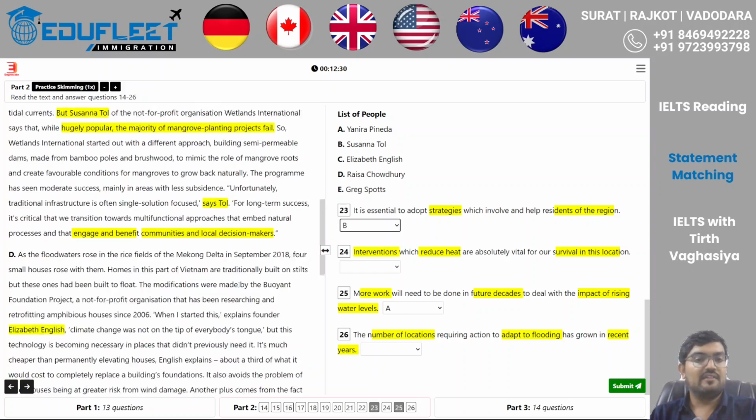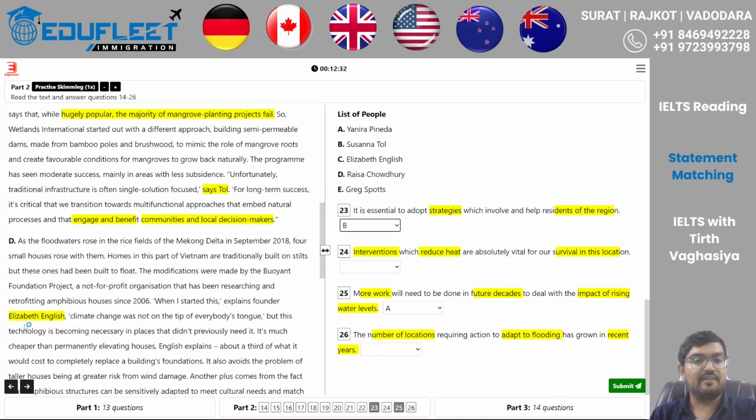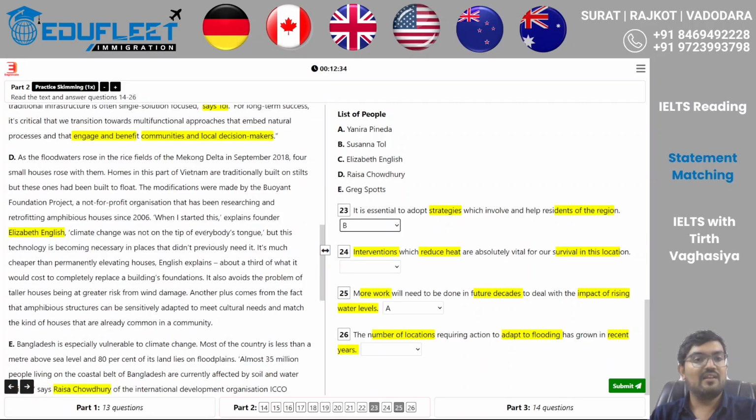Right? Let's move to the next. Elizabeth. Okay, so when I started this, explains, I'm paying attention to the single quotes, right? Climate change was not on the tip of everybody's tongue, but this technology is becoming necessary in places that didn't previously need it.